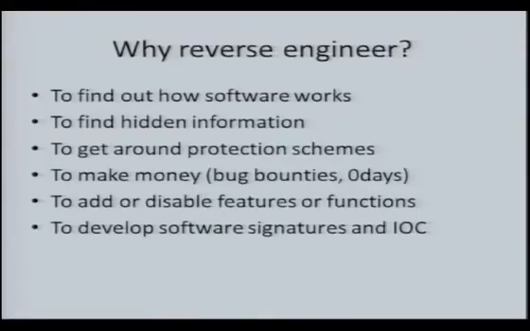To develop software signatures and indicators of compromise. This is what the malware or the virus companies do. They gather all the hundreds of megabytes or gigabytes of viruses and malware from around the world every single day, and they sit there and they take them apart and they see what the malware is trying to do, and they develop a list of what it's trying to do when they write a signature that then matches that particular strain of malware.